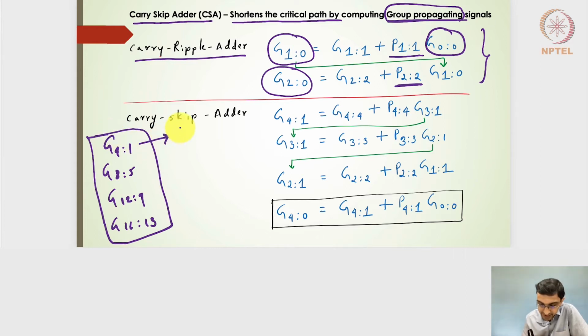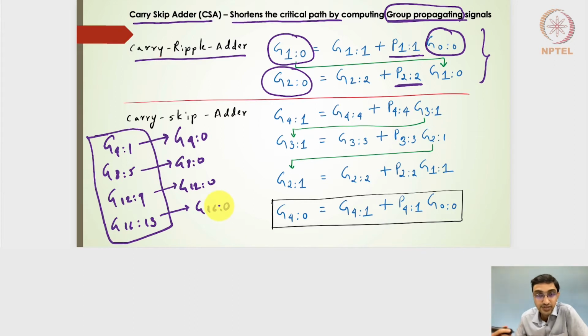Once we have that, then we will try to extract G4 is to 0, G8 is to 0, G12 is to 0, and G16 is to 0. Right, and then use these 4 is to 0, 8 is to 0, 12 is to 0, and 16 is to 0 to extract the sum bits.